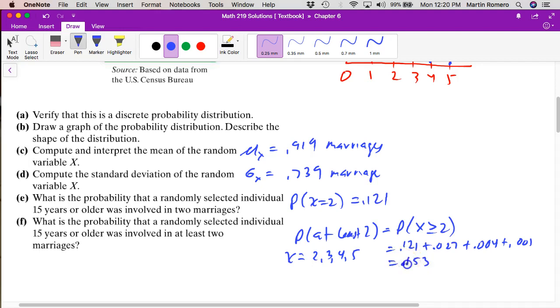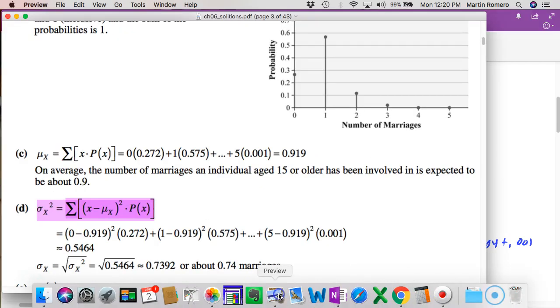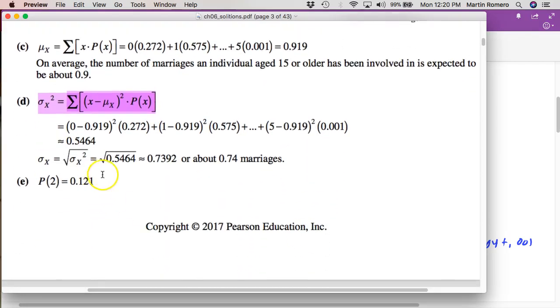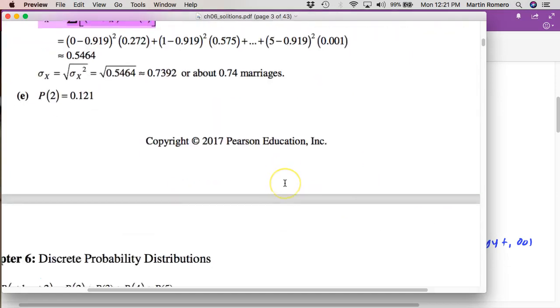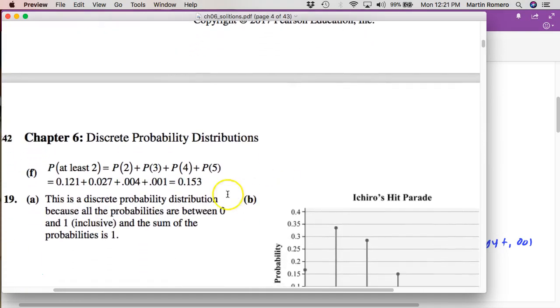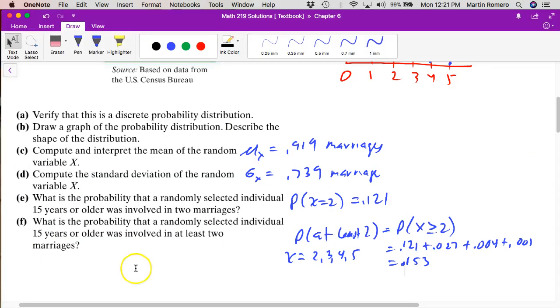So I think it's around a 15% chance. I can verify that real quick since I have the solutions. Yep, 0.1212 there, and F is 0.153. There we go.